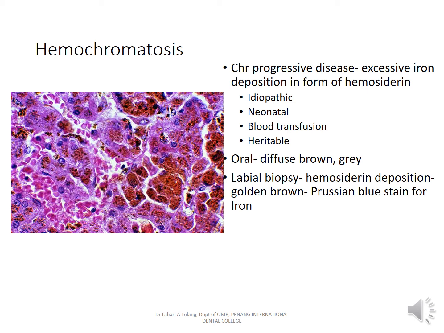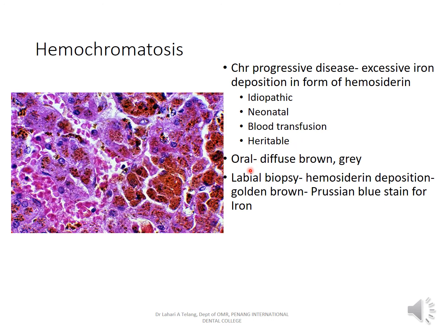Hemochromatosis, on the other hand, is a chronic progressive disease in which excessive iron deposition happens in the form of hemosiderin. It could be idiopathic or neonatal, or can happen due to blood transfusion, and can also be seen as a heritable disorder.